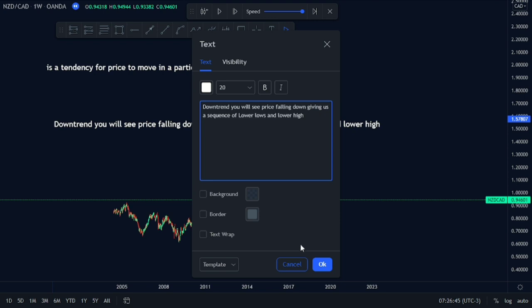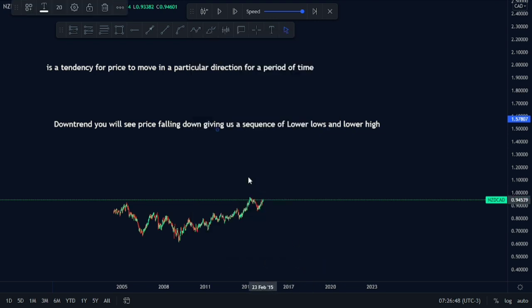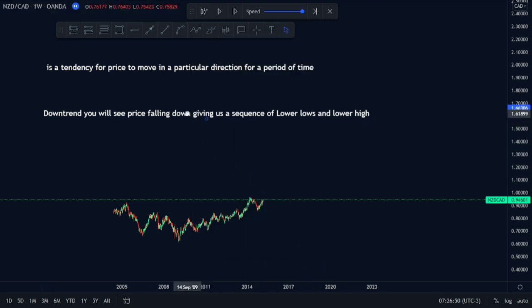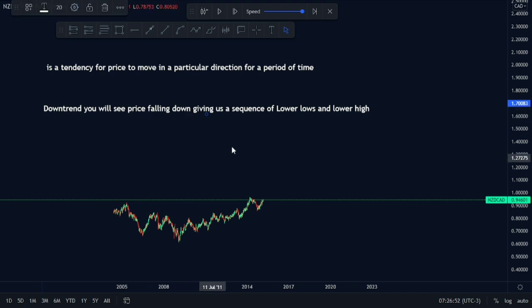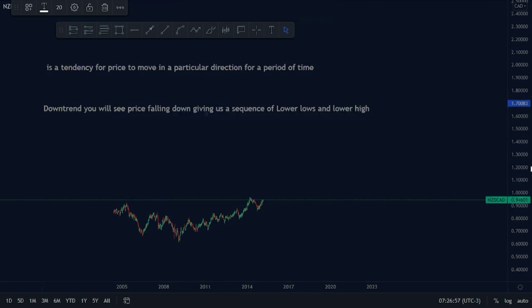A downtrend is basically a bearish market, by the way. It's a bearish market. So you will see price falling down, giving us a sequence of lower lows and lower highs. Let us take price back to normal.